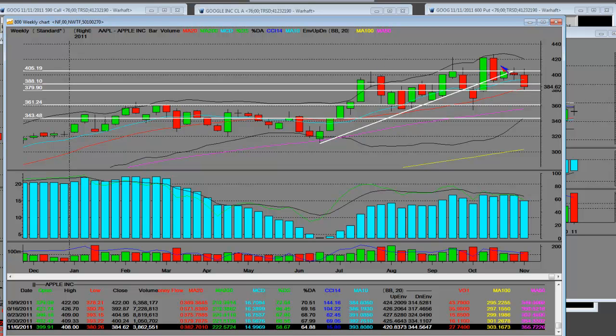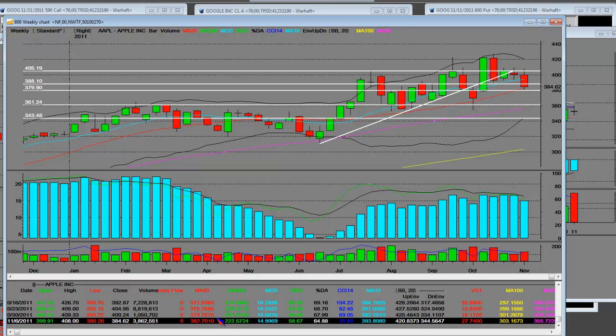Right now, we have what we call a pullback reversal to the 20-week, and I can flag the 20-week moving average. If I can get the number out of here correctly, it looks like it's 382.70. That's the rising red line, which is bullish.